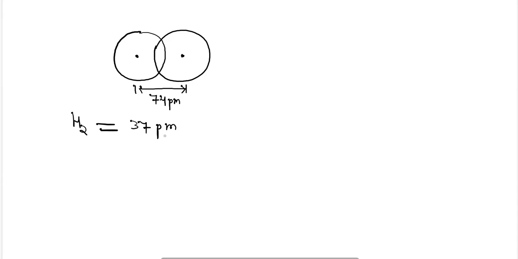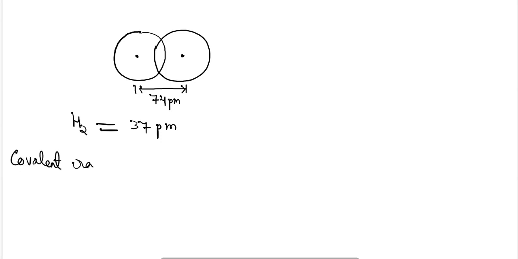The distance between the center of the nucleus of the atom and the mean position of the shared pair of electrons between the bonded atoms is the atomic radius, or the covalent radius. Is it the covalent radius?